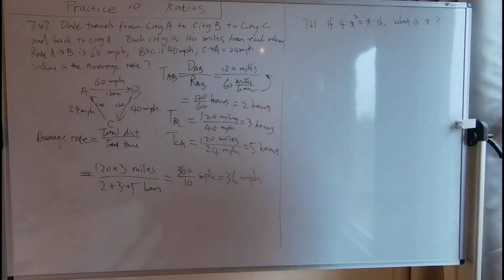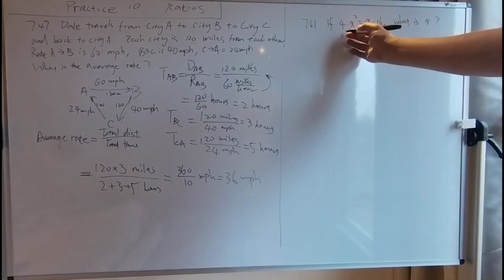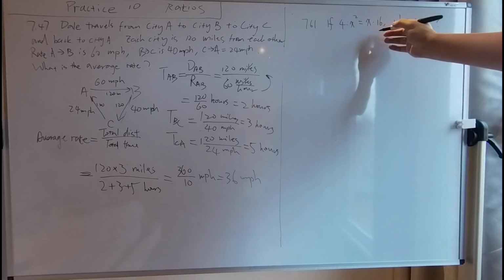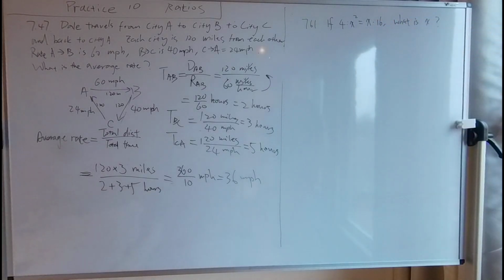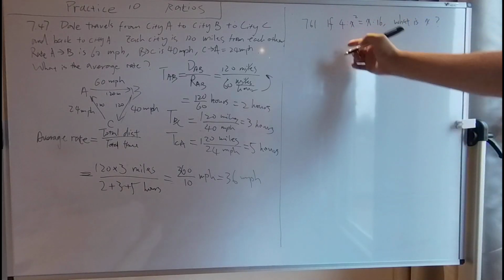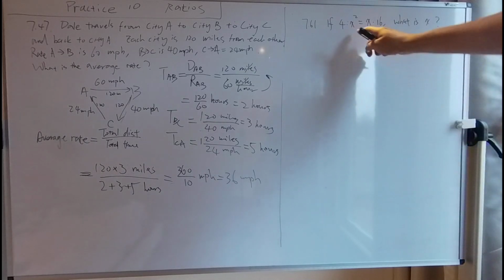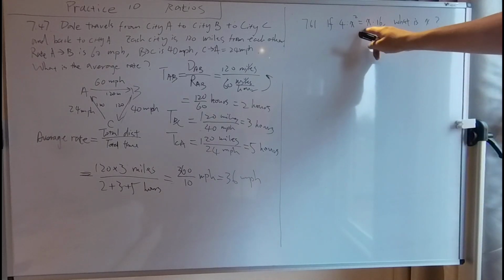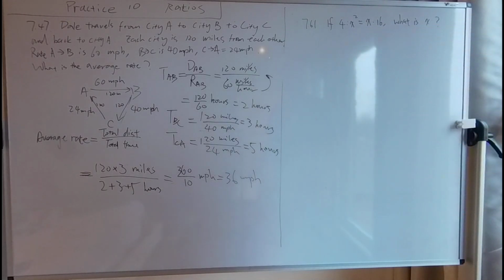Okay, next, if I have a ratio that 4 versus x squared equals x versus 16, what is the value of x? First of all, observing this question, we have an unknown variable x, we have an equation. Seems like we are going to solve an equation, but this is not a linear equation because you have a term with x squared.